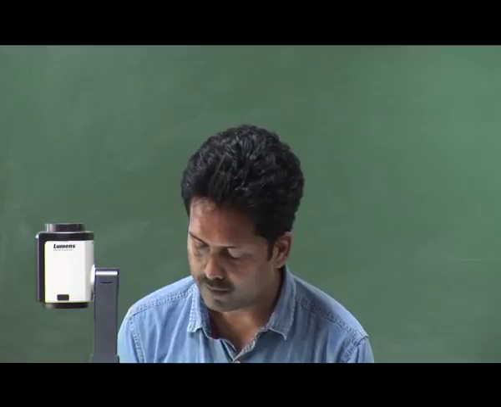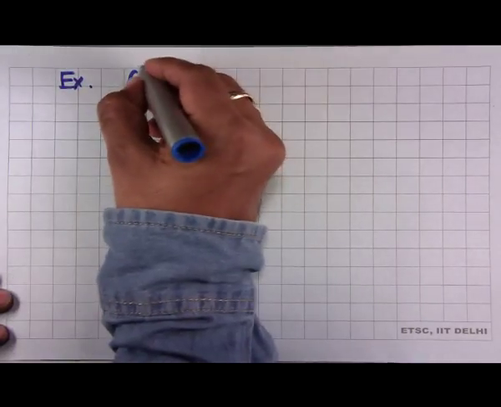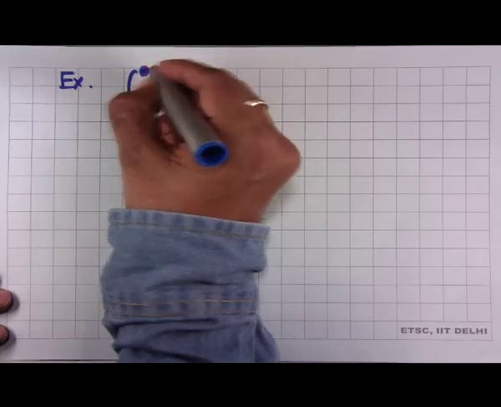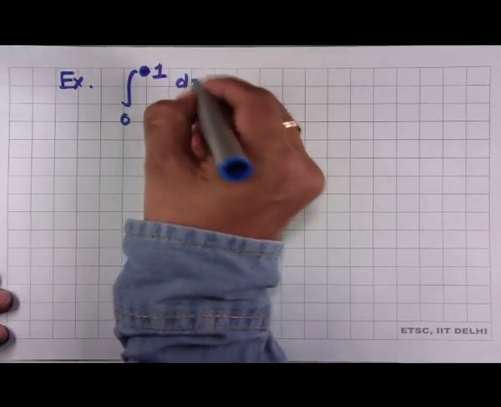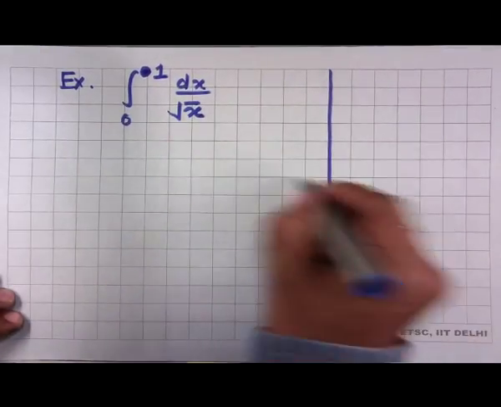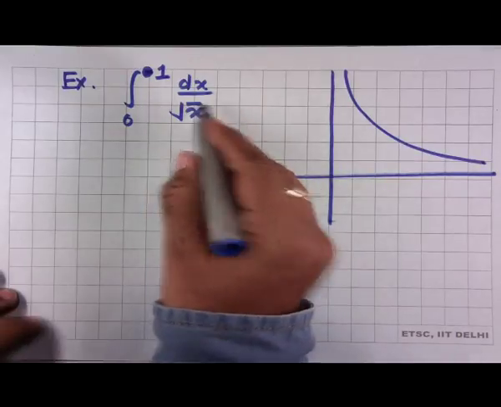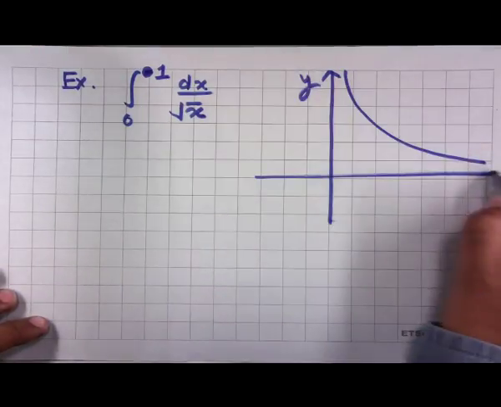Take one more example, 0 to 1 dx over root x. If you plot this curve, you get 1 by root x tends to infinity at x equals 0, this is the y axis, this is the x axis.